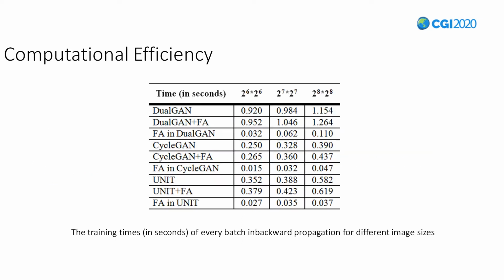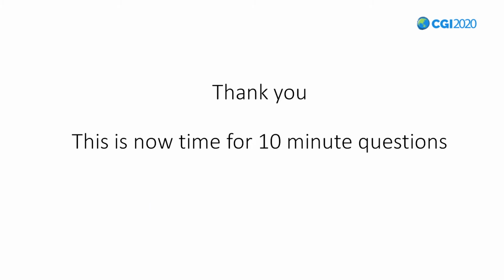For instance, the proposed FA modules are insensitive to the growth of image resolution. The experimental results shown in this table on the day to night dataset prove this conclusion. That's all. Thank you.